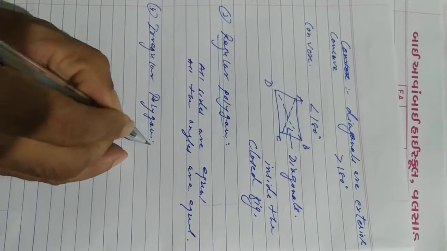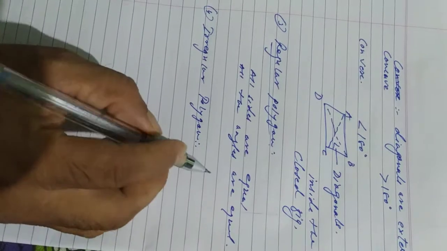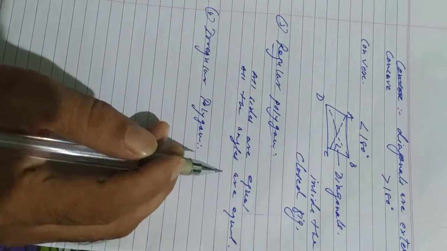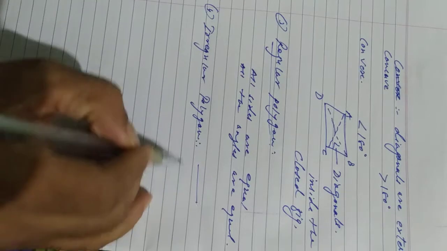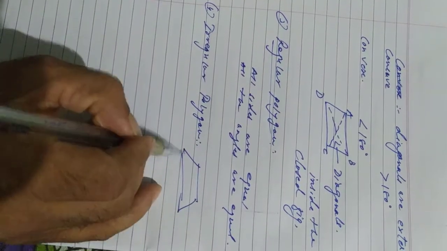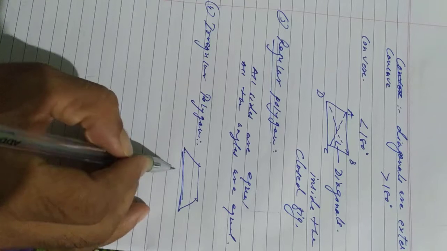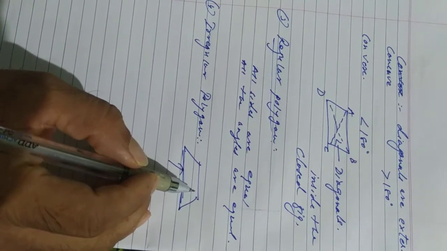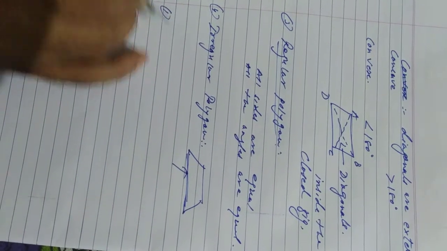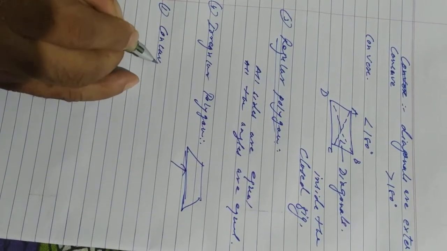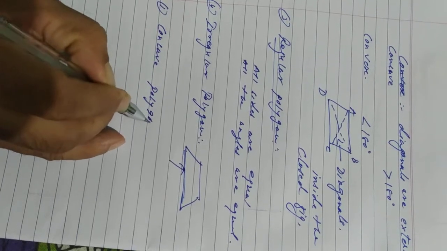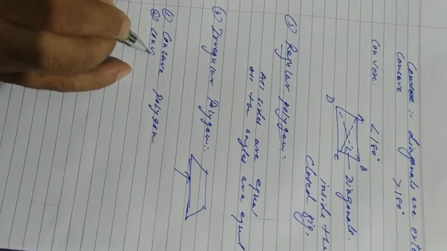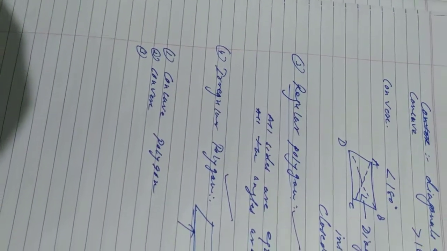A polygon which is not regular is known as irregular. It means all the sides may be different. So what type of polygon? Irregular polygon. Got it? So what we have discussed over here is the concave polygon, then convex, regular polygon and irregular polygon, right?